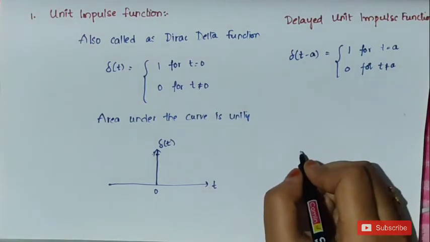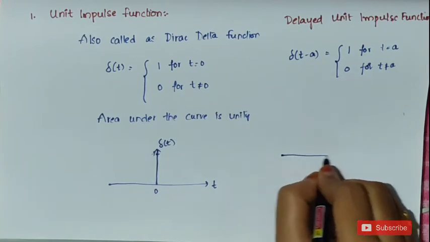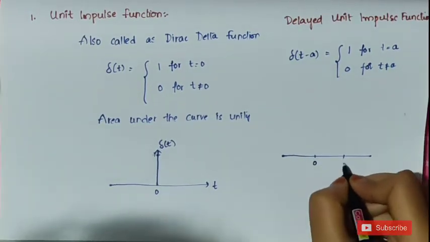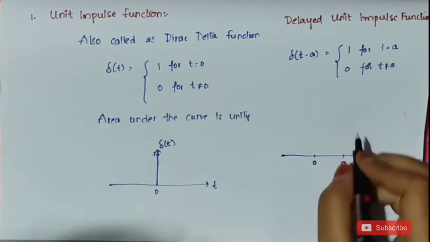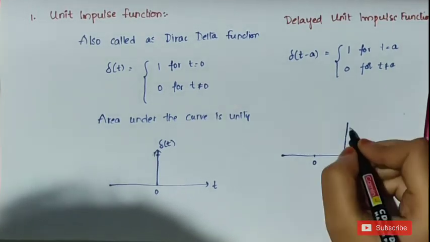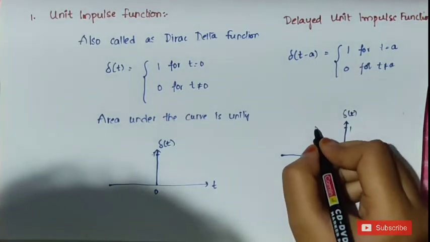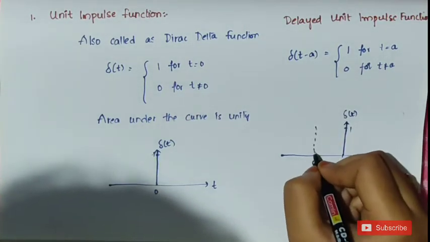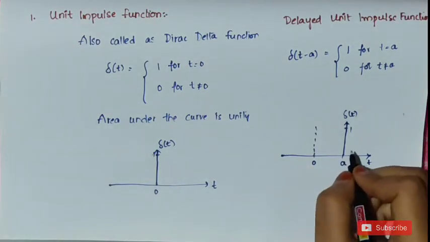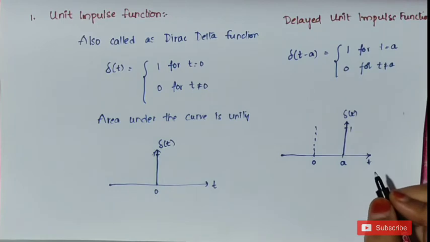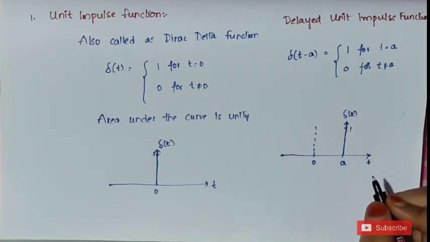Let us see the signal diagram. Suppose this point is 0, and this is a. Actually it should be here, but it is shifted towards a, and at a the value is 1. So this is about the delayed unit impulse function.